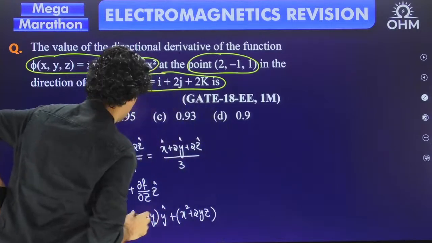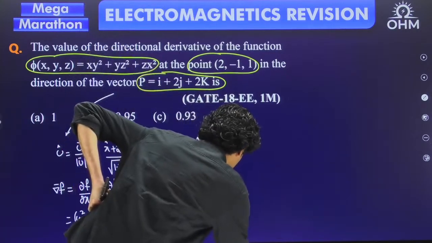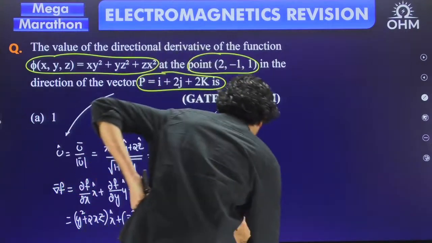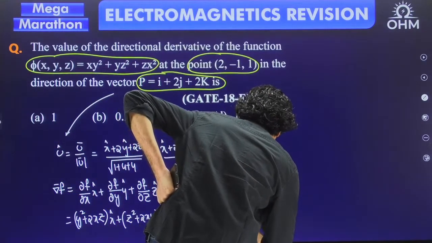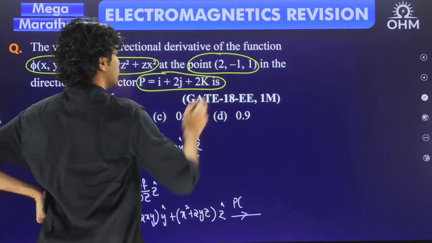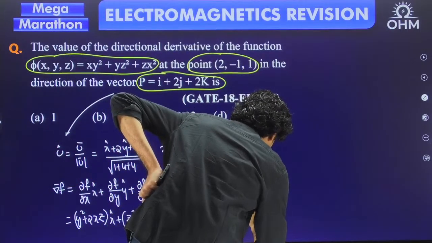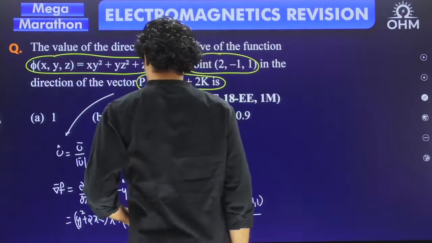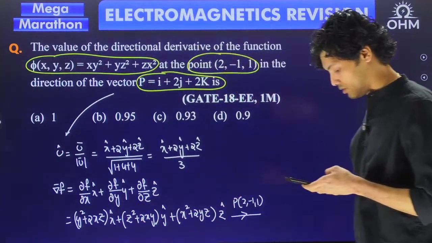And what is the direction? The direction is z cap. Okay. And substitute the point of interest. What is the point of interest? The point of interest is 2 comma minus 1 comma 1.